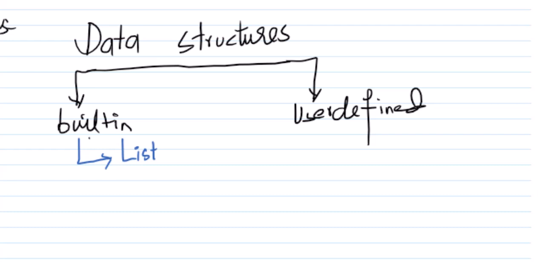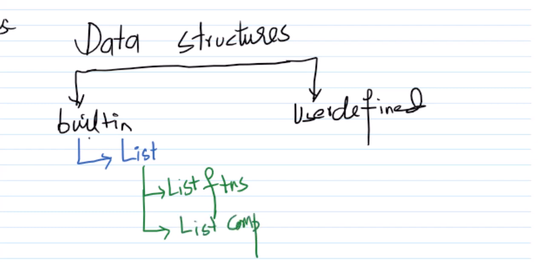In list we have discussed many things, like different functions which were related to lists, the list functions, and after it the list comprehensions as well. So these are the things which we have discussed in the list section.